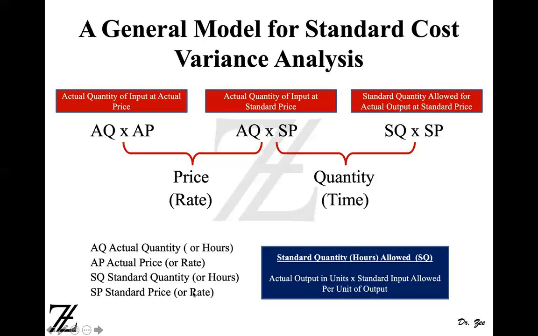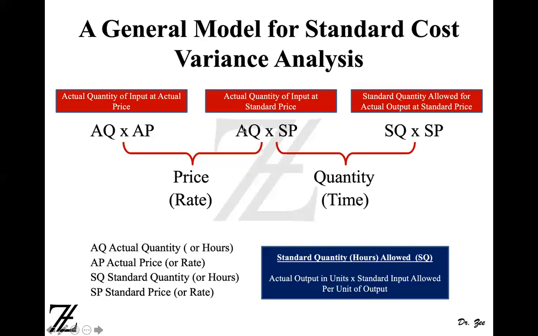Okay. Now, as you can see here, actual quantity of input at actual price means the actual quantity, how many pounds of material you have used to produce 1 unit of output. Actual price is how much you have paid for 1 pound of that material that you used to produce 1 unit. Okay, so that's how you determine the actual price.